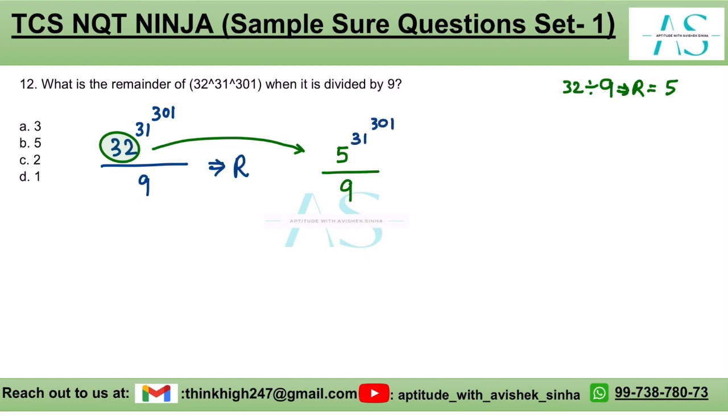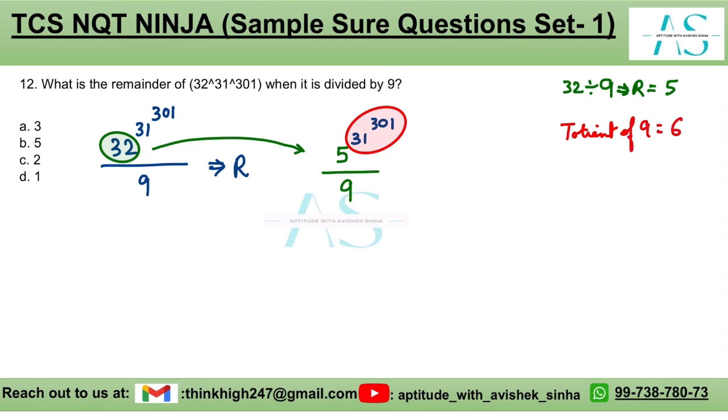Now, in order to break the power, we have to divide the same value or the power with the totient of the value. So the totient of the base is what? So the totient of 9 is 6. How do we get to it?